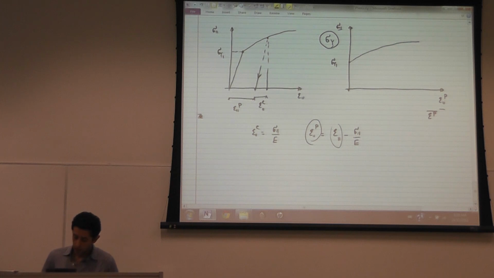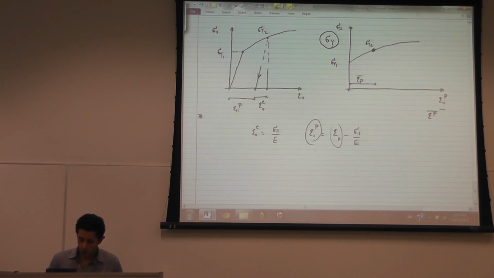Because at any point, this point on the curve describes the following: given epsilon P, what is the yield stress in the material? So now I know what the yield stress is. Let's say this is sigma yield 2.